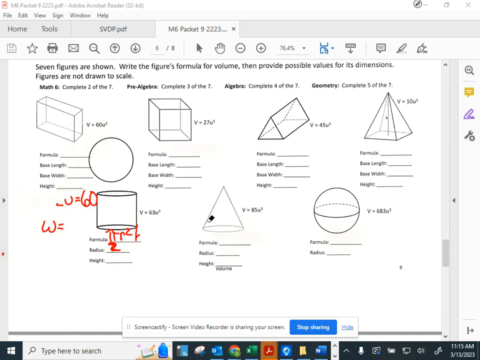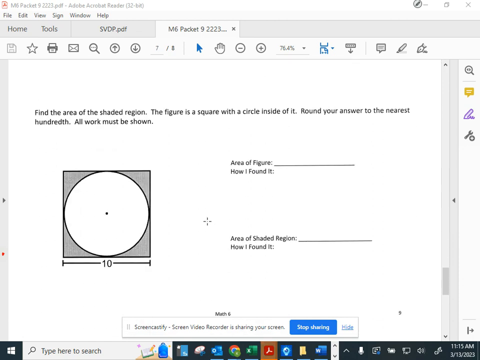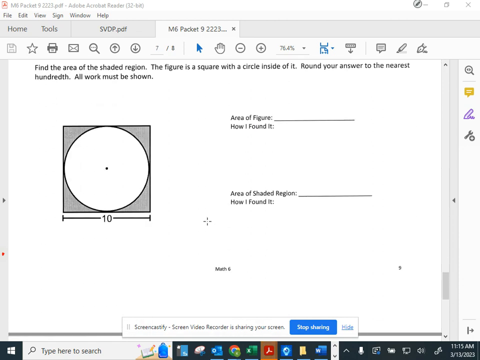Let's look at our second to the last page. So remember, when we get these kind of pages, the first thing we have to do is find our full area, so the full shape. Then we have to find the white area and subtract it away from that full figure to get our shaded.